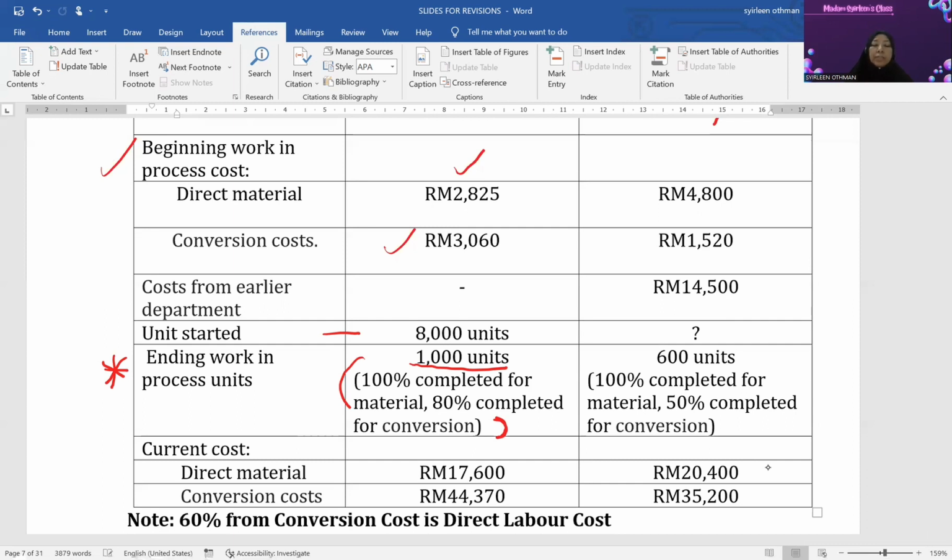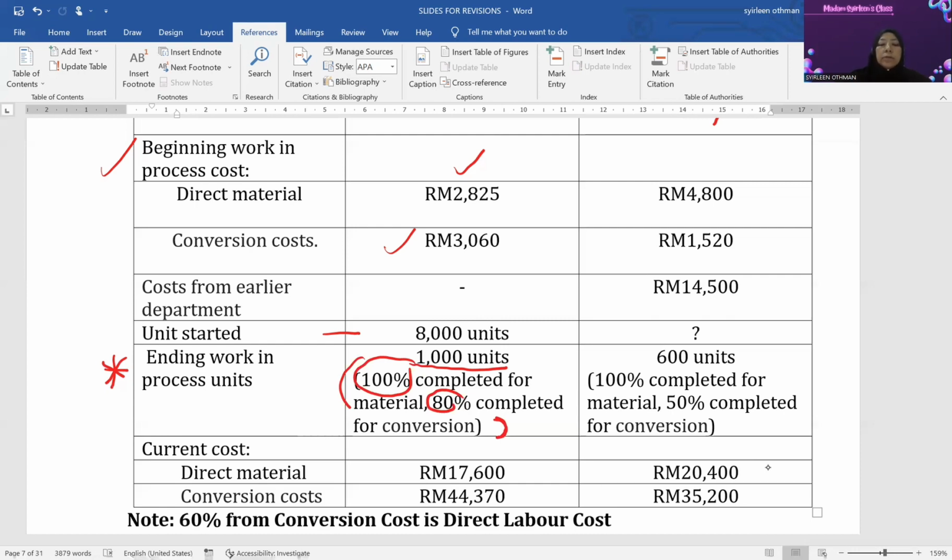So the percentage given in the question, dia kata 100% completed for materials, that means for direct materials, and 80% completed for conversion costs. Okay, that means untuk ending work in process unit, for direct material, I akan ambil 1000 unit tadi, saya akan darab dengan 100%, that will give me 1000 unit for direct materials. Tetapi untuk conversion cost, it will be a different calculations because kita akan multiply 80% dengan 1000 tadi, bukannya 100%. So this 100% is only subjected for direct materials.